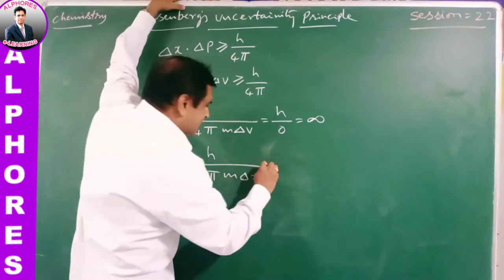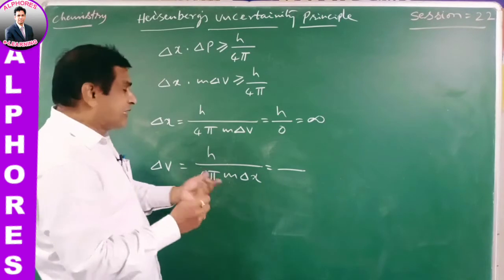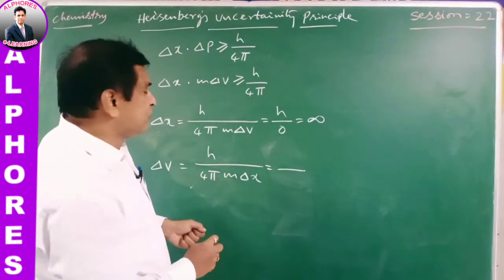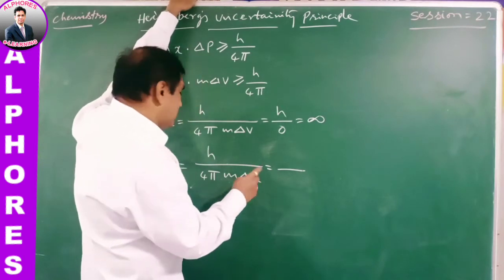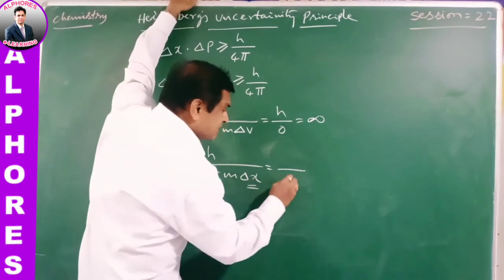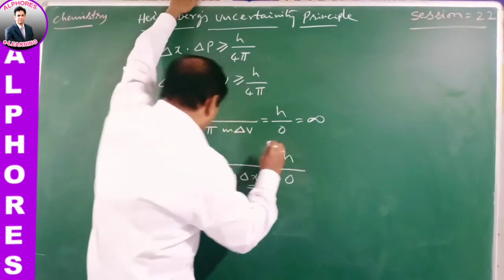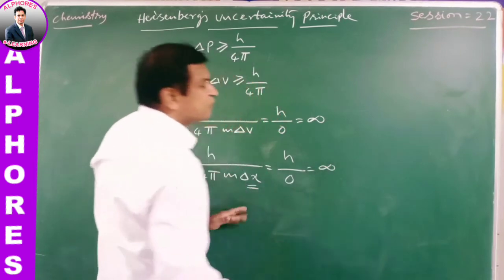When the uncertainty in the position of the electron, delta x, is determined to be 0, then the uncertainty in velocity becomes infinite.